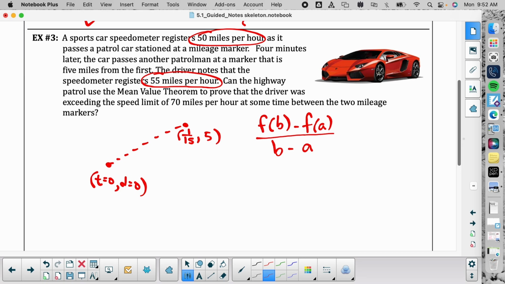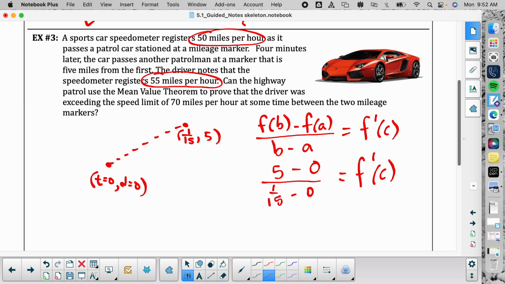We're trying to check if there is a c value that has the same instant slope as the average slope. So f of b would be 5. Um, 75?